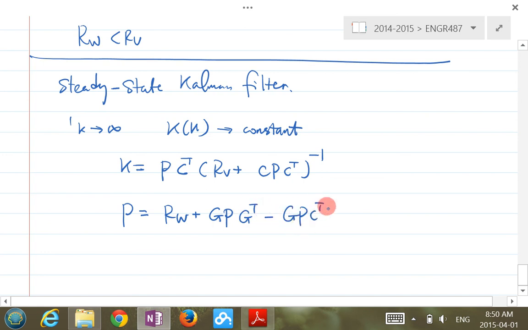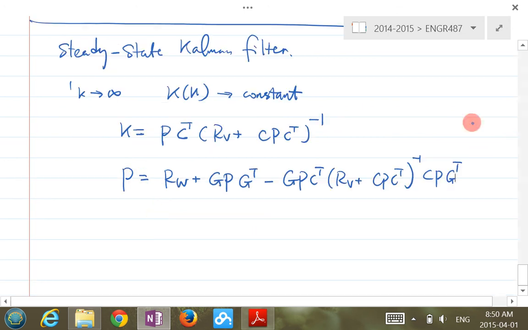Or just simply R_W plus G P G transpose minus G times K times C times P transpose.